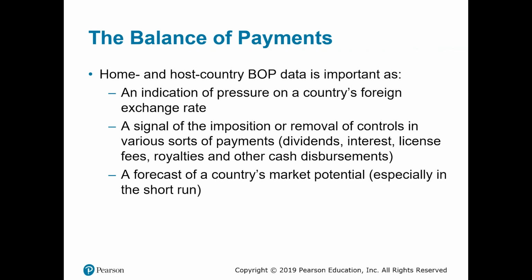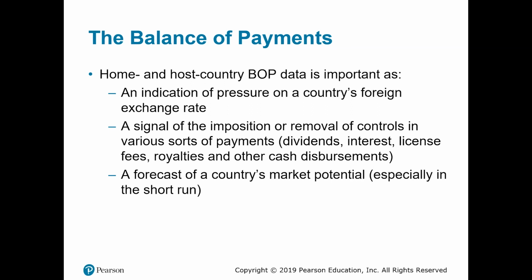And the balance of payment statistics, if we look at those statistics carefully, we can have an idea about which way the foreign exchange rate of a currency is going to move in the near future. Depending on whether there is a free floating, fixed, or managed float exchange rate, you can develop an idea about the exchange rate between two currencies if you closely follow the balance of payment statistics of those two countries.